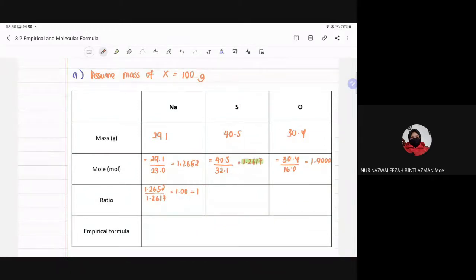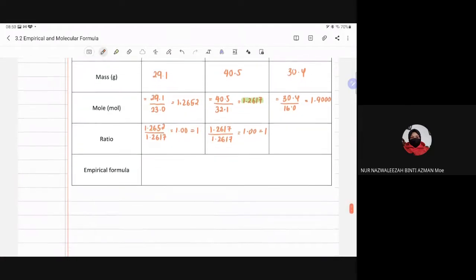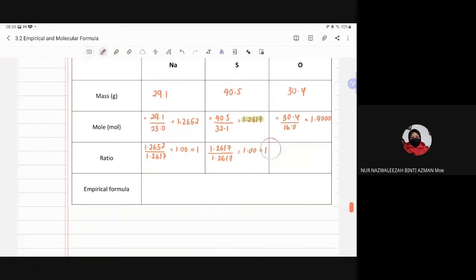And then this one, 1.2617 divided by 1.2617 equals to 1.00 juga, equals to 1. And then this one pula, 1.9000 divided by 1.2617. Again, semua bahagi nombor yang sama. These are all the same number.